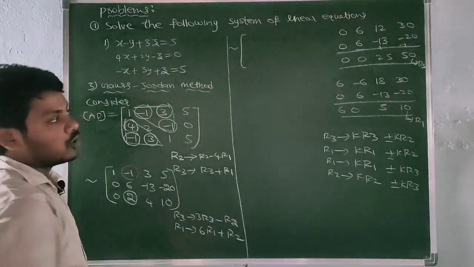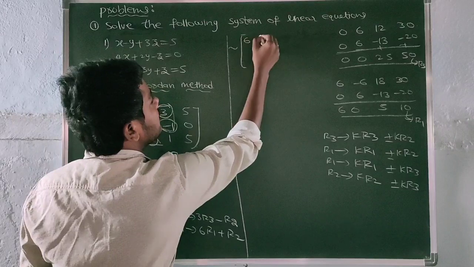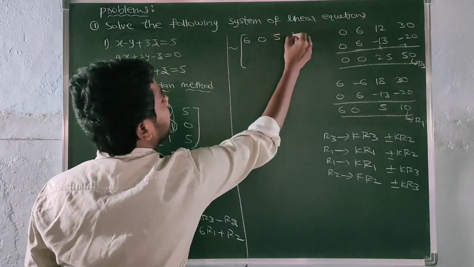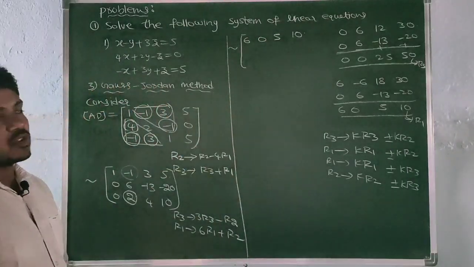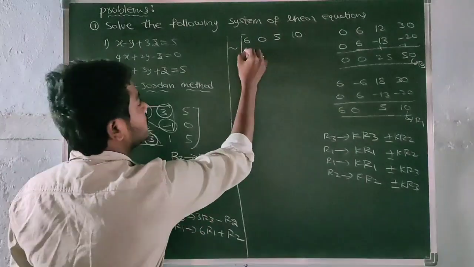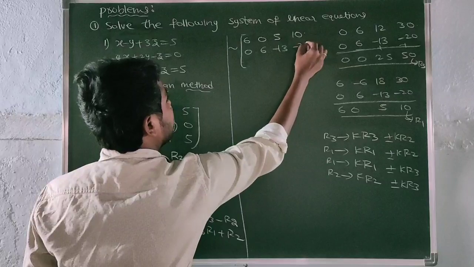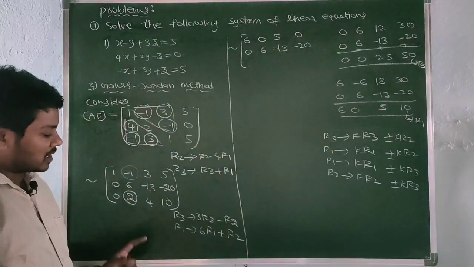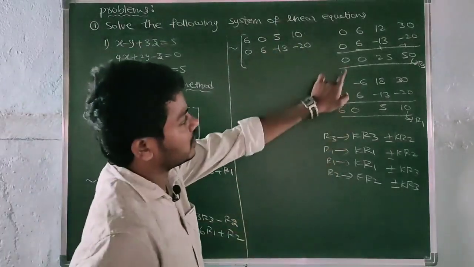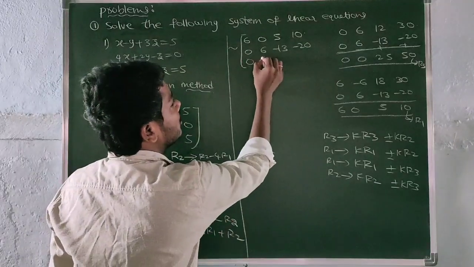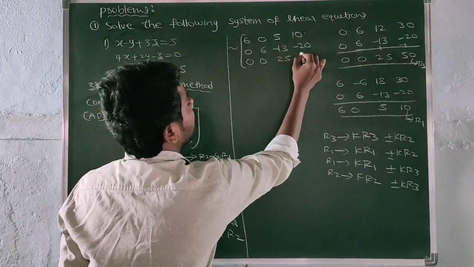Now this can be written as, so what is the R1 row? 6, 0, 5, 10. Next the R2 row is 0, 6, minus 13, minus 20. Next the R3 row, see here what is the R3 row? 0, 0, 25.